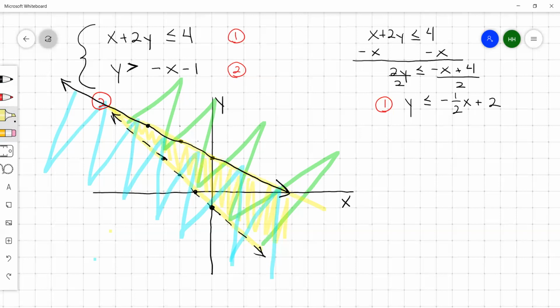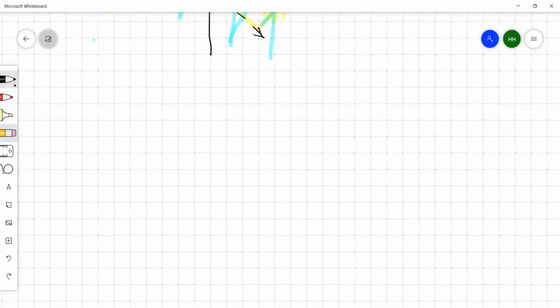The only thing we haven't talked about is, let's look at this for a second. Let's look at something like straight up x is, let's say that x is less than 3 and y is greater than, I don't know, 2.